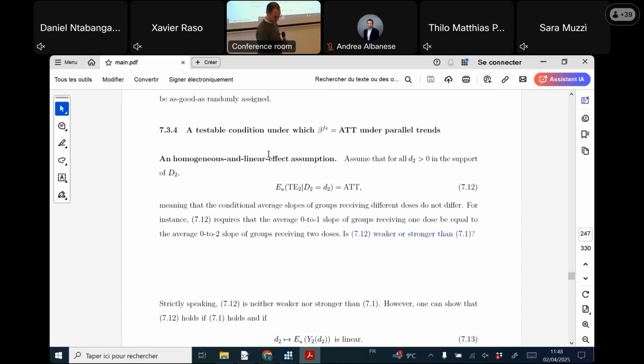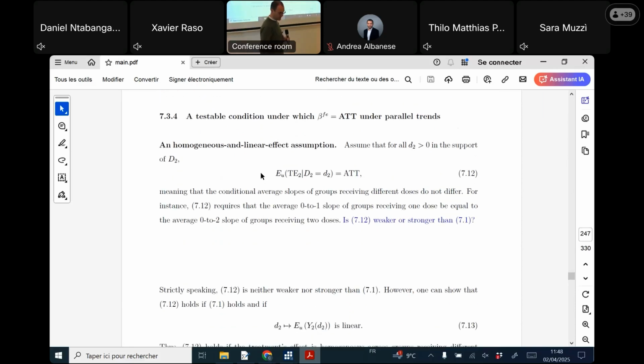So in the few minutes left, the last thing that we can say about the two-way fixed effect estimator is that actually, and it's a bit specific to heterogeneous adaptation designs, that would not be true in other designs, you can actually fully test under parallel trends the assumption that the treatment effect is linear and homogeneous, under which the two-way fixed effect estimator has no problem anymore, because if the effect is linear and homogeneous, we're fine.